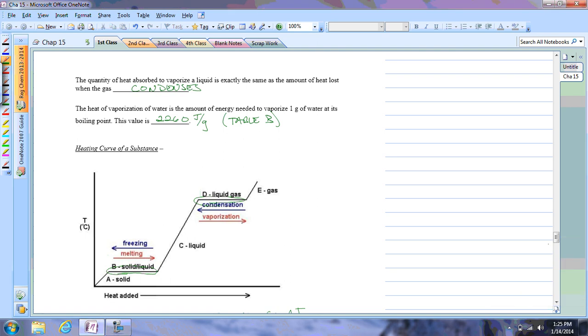So the second equations from the bottom, we see for fusion, Q equals M times heat of fusion, and for vaporization, Q equals M times heat of vaporization. So actually the questions are easier to solve because if you know the mass of the substance or the water, you just have to plug in the corresponding value for HF or HV.